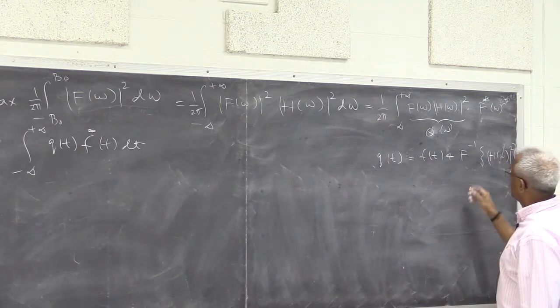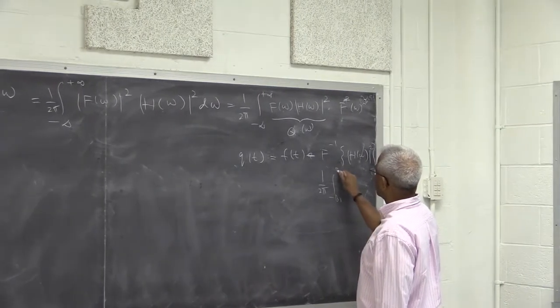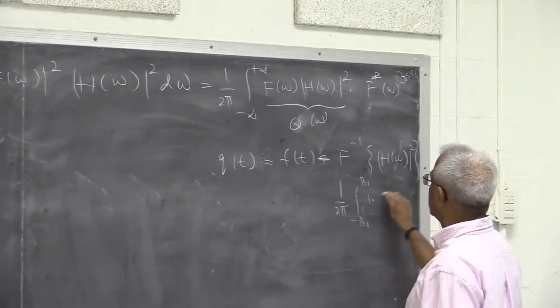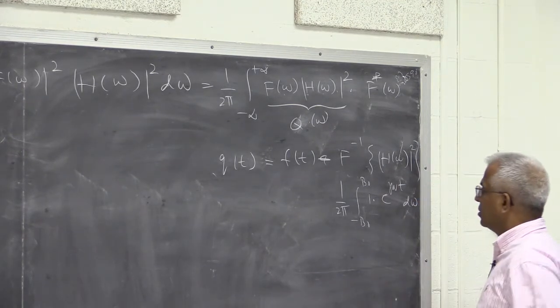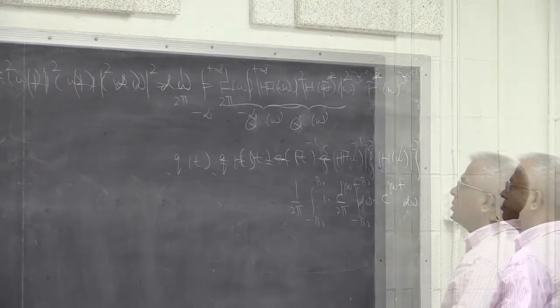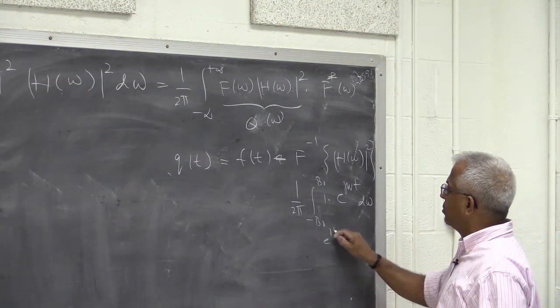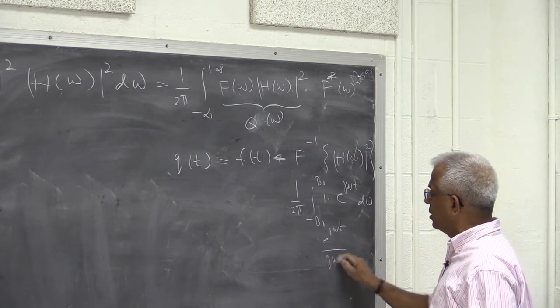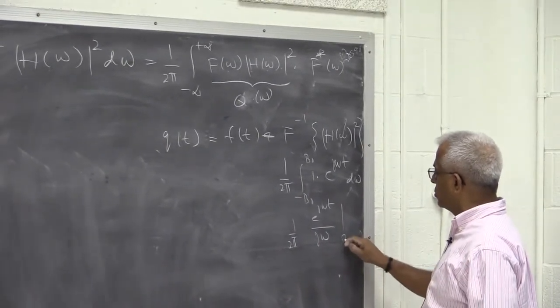This function is easy because this is 1 over 2 pi, integral from minus B naught to B naught, |H(omega)|^2 is 1, e raised to j omega t d omega. So this would be e raised to j omega t over j t, times 1 over 2 pi, from minus B naught to B naught.